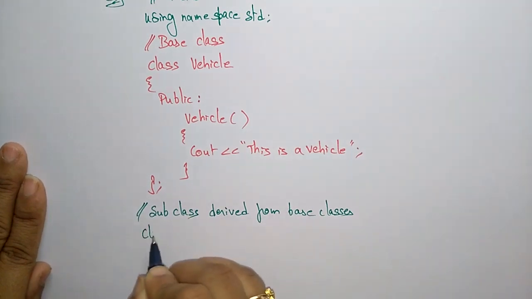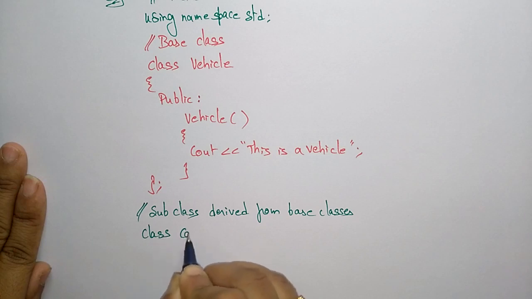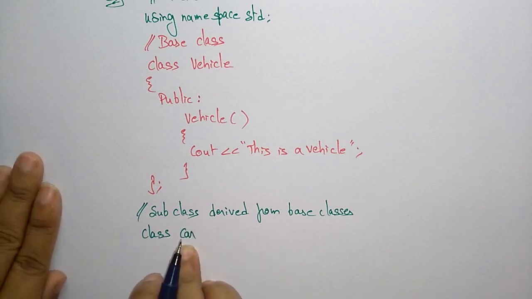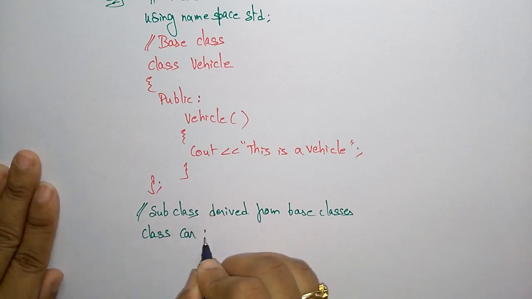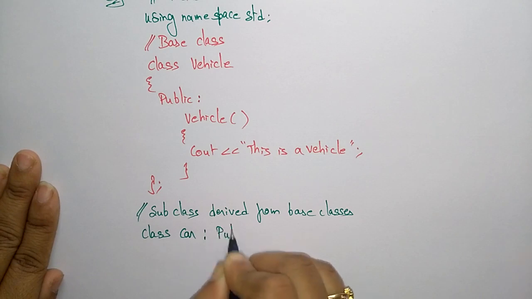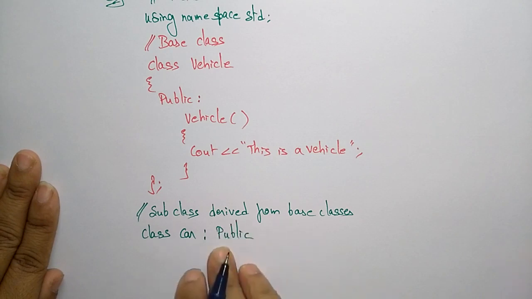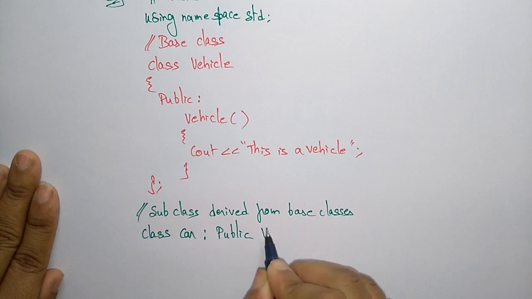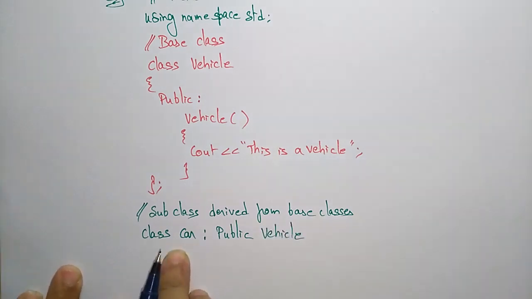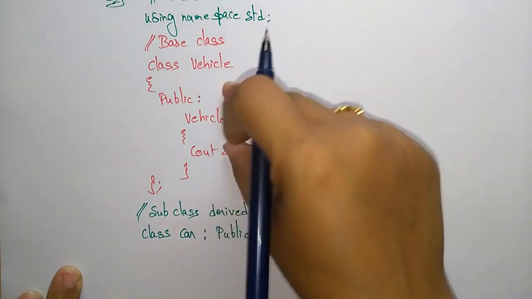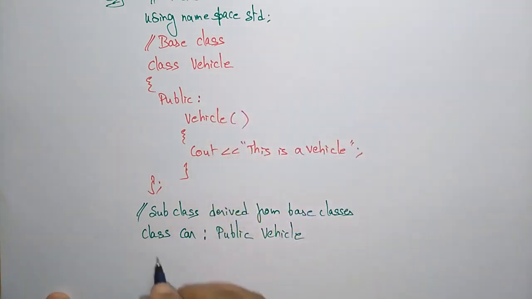First the class, then the derived class name. So class car, inheriting the properties, access specifier public, vehicle. So class car is a derived class, that is a subclass. The subclass is inheriting the properties of the base class.